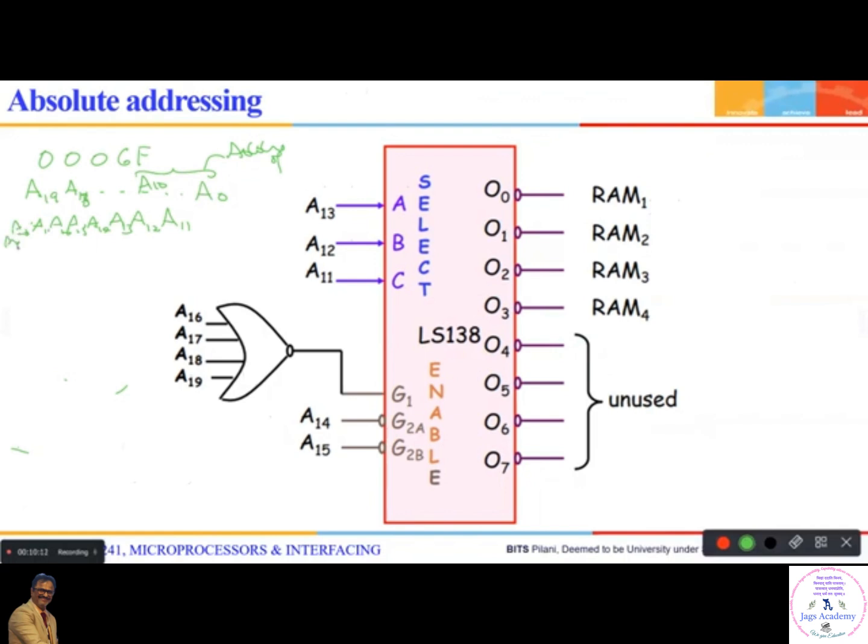Can you tell me what are these values? All zero, yes or no? All zeros only. That means 0, 0, 0 is going into A11, A12, A13. Now, what is coming here is 0, 0, what is here is 0, 0, 0, 0, and what will come here is 1.